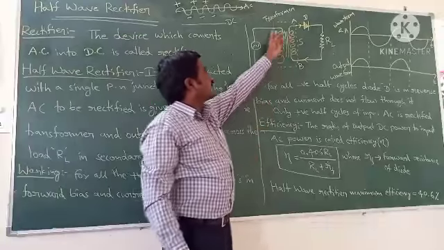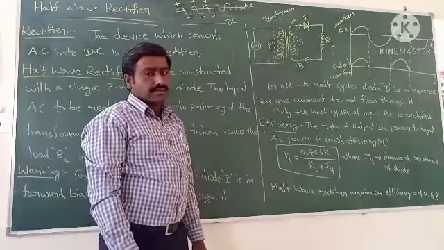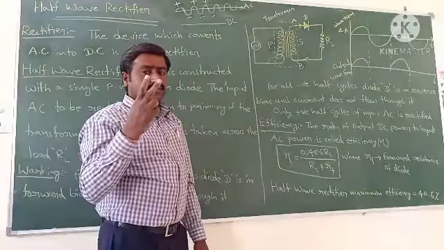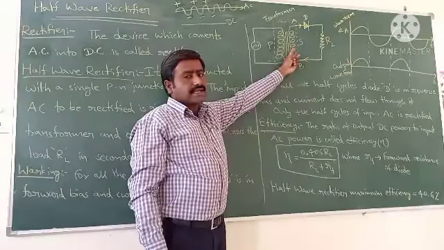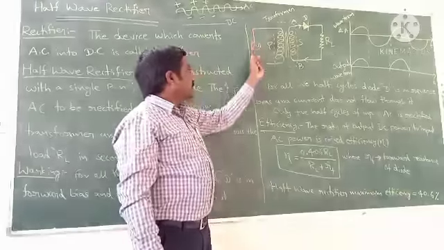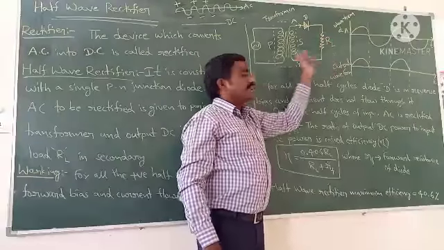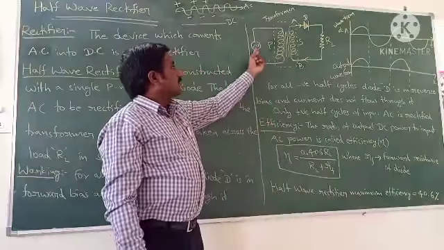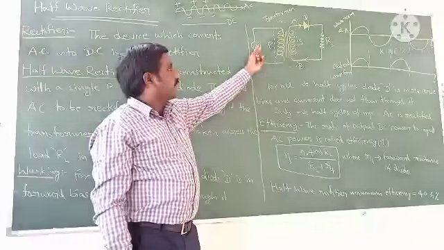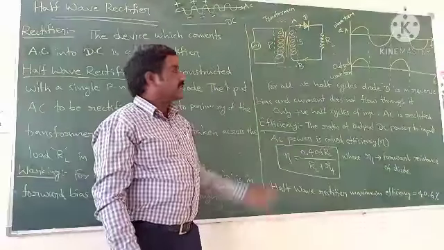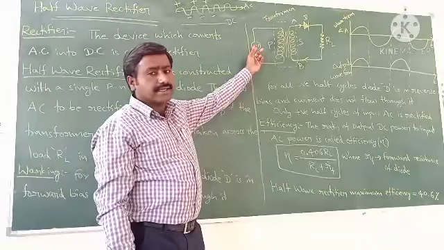This dotted line region represents the transformer. The transformer consists of two coils. One is called primary coil and the other one is called secondary coil. This is called primary circuit and this is called secondary circuit. And this is the input AC signal, input AC. This AC is going to be converted into DC. So this is the input alternating current.